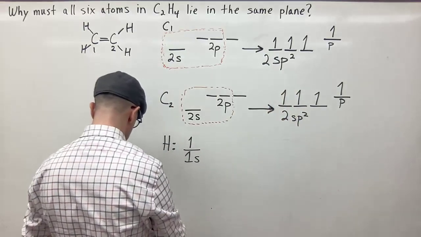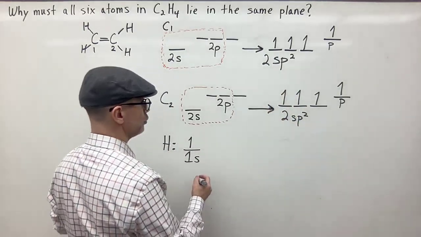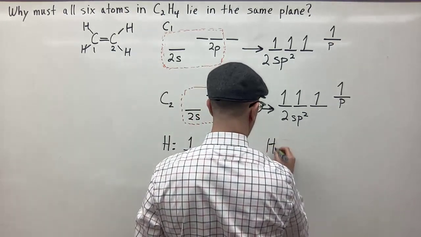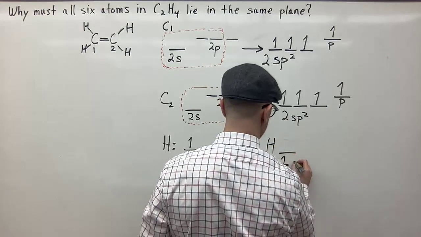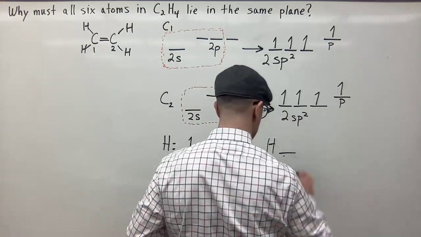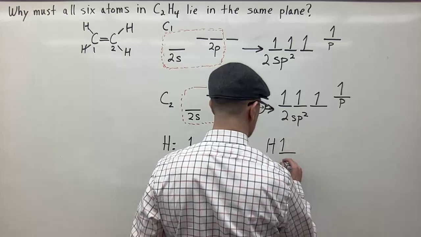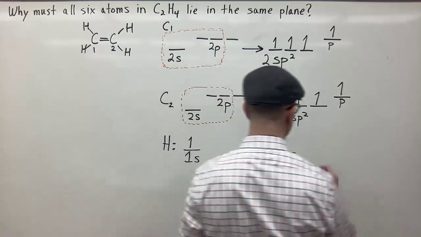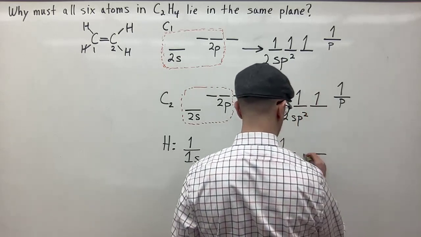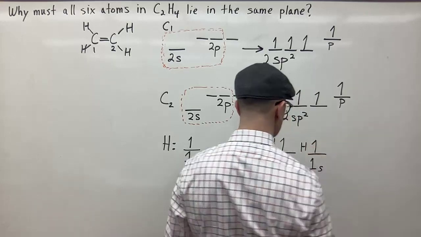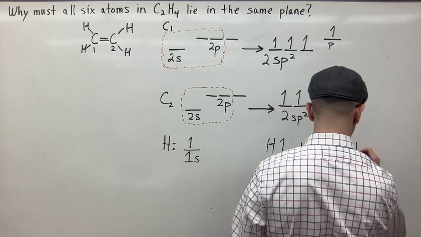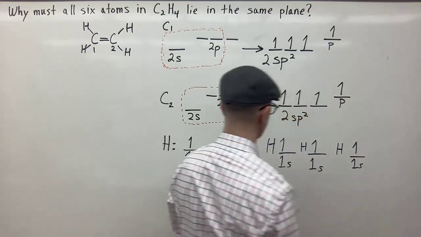So if I draw hydrogens here, one hydrogen with a 1s, and here's a 1s for this hydrogen here, and then you have another hydrogen with a 1s, with one electron, and so on.